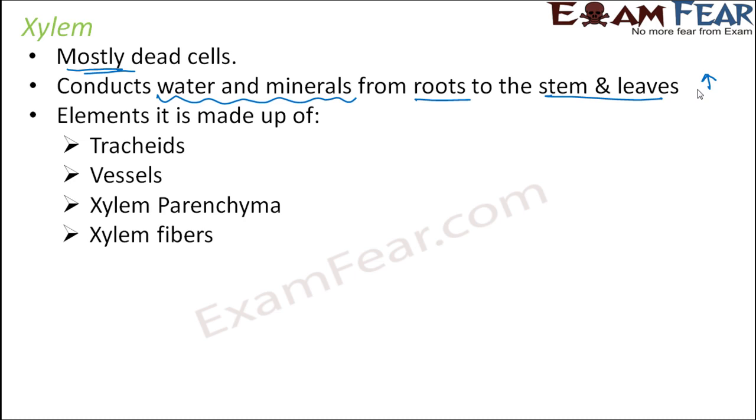Basically there are 4 elements the xylem is composed of: tracheids, vessels, xylem parenchyma, and xylem fibers. Now we will talk about each of these elements in a little more detail: how they look, what their structure and function is, and how the function of each element is synchronized with the others.